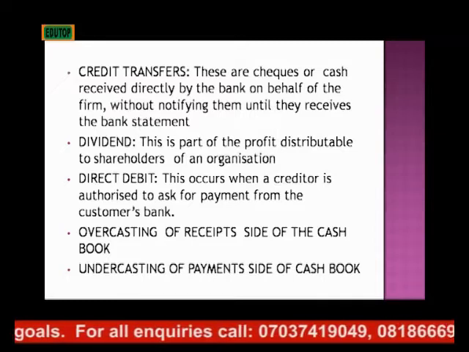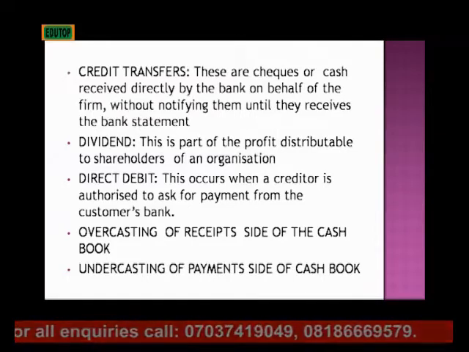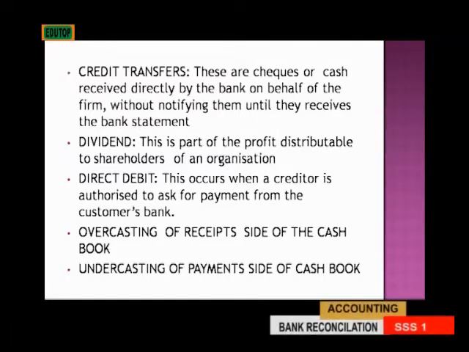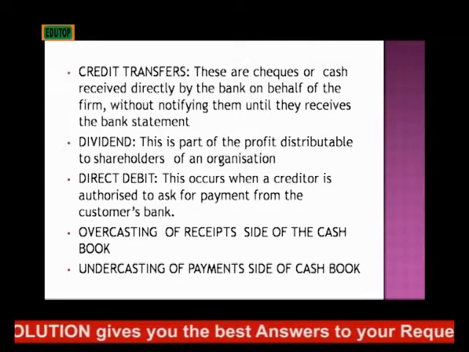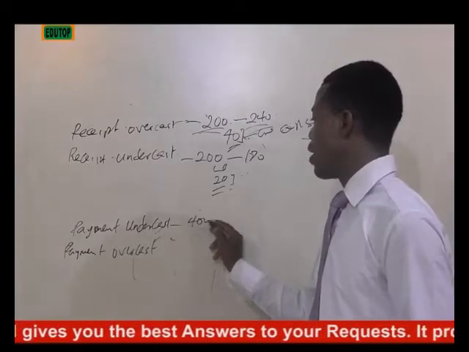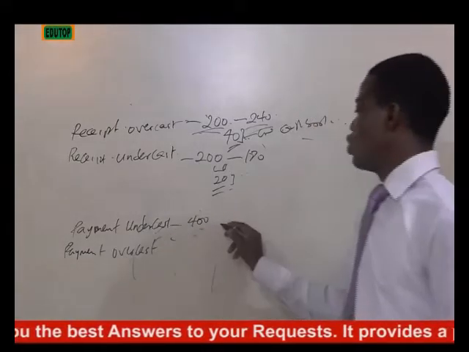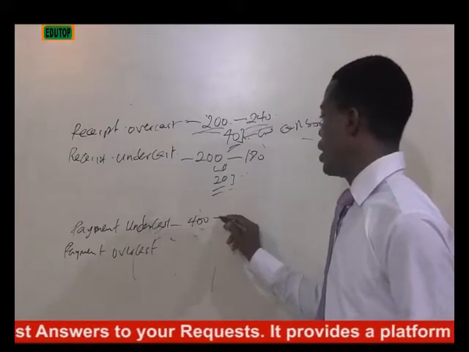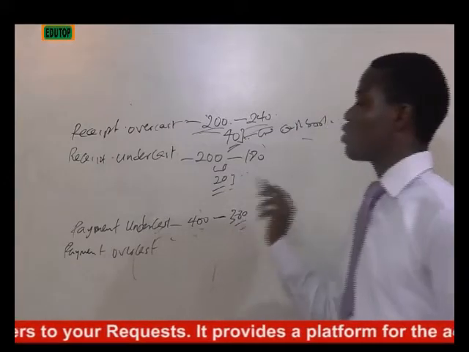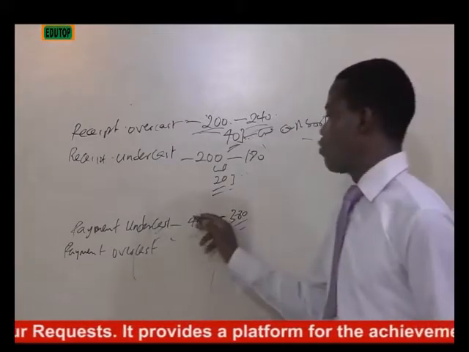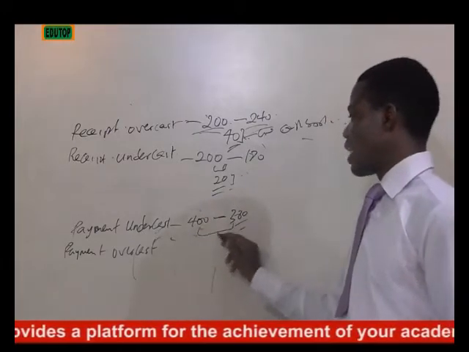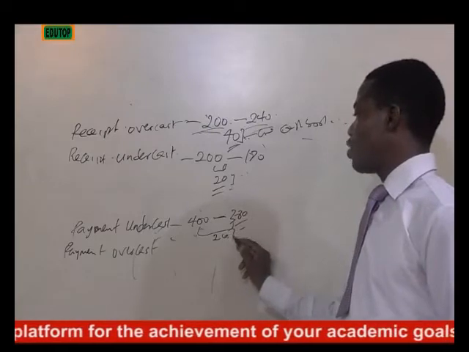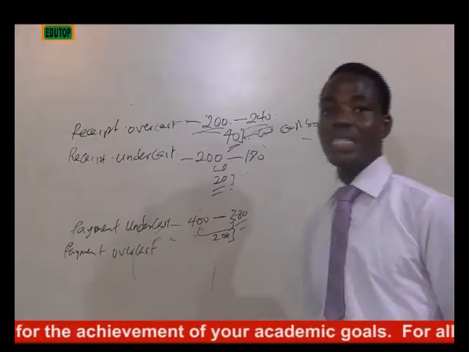This is the aspect of payment whereby you are to make payment at the end of the day, and instead of making payment of 400 naira, you make the payment of 380 to your customer. That means you are going to return another 20 naira back. So you have a 20 naira payment undercast at the end of the day.